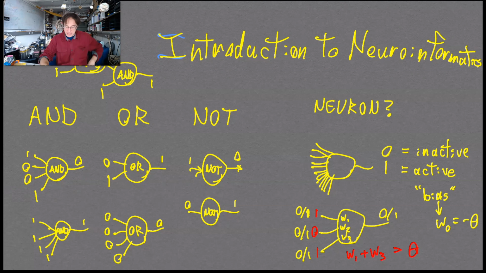And so then we can ask, is W0 plus W1 plus W3 greater than 0? And if that's greater than 0, then we'll be active. And if it's less than 0, we'll be inactive.